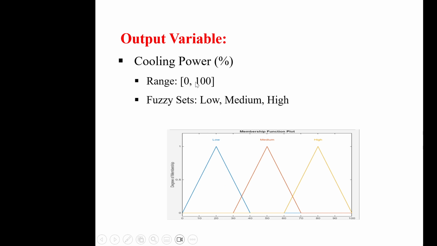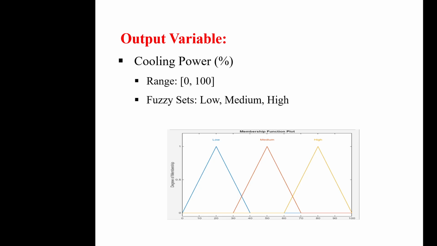Then here, you see that cooling power is low or medium or high. These are the fuzzy sets, which we call linguistic descriptors. We need to describe the cooling power of the environment we are interested in making comfortable.